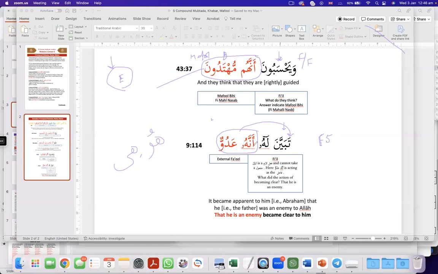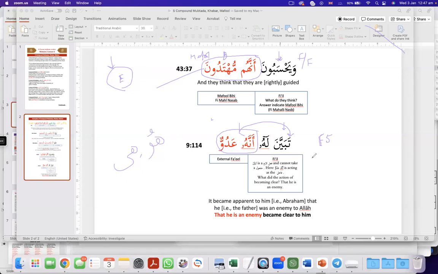Annahu aduwun: indeed, he is an enemy, became clear to him. Don't blame me for that, it is a Quranic verse, brother. It is the external fa'il of tabayyana.